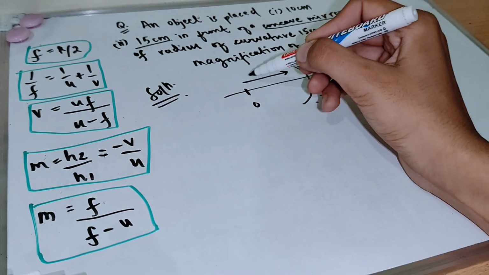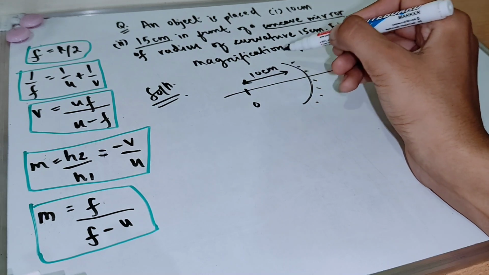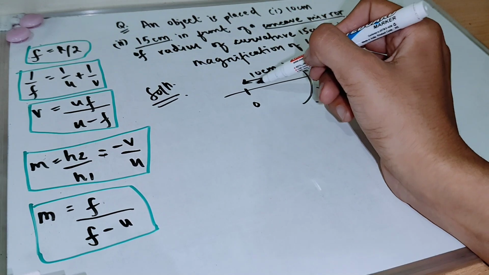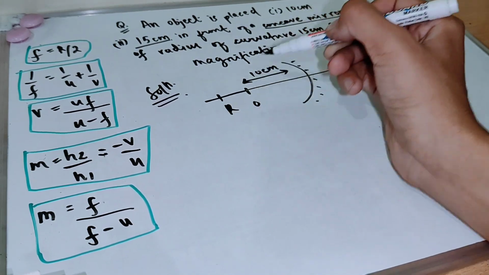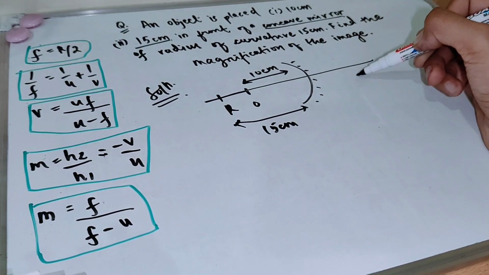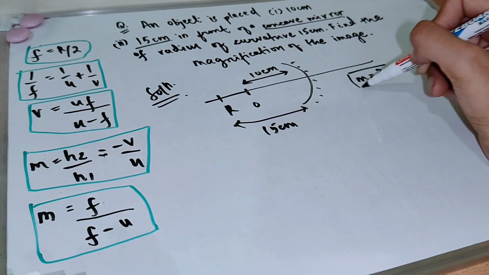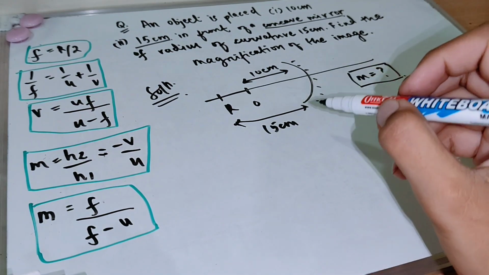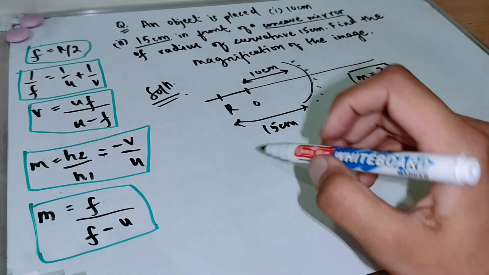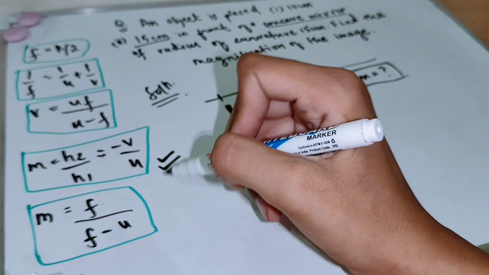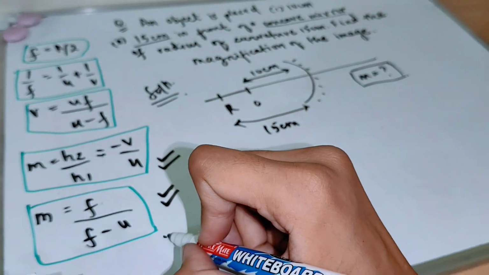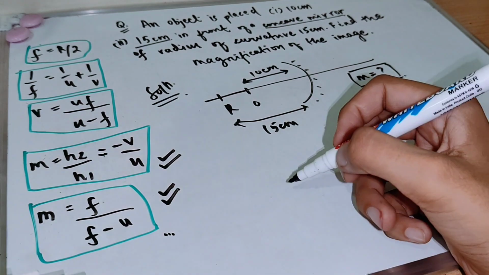So it is placed 10 centimeter from the mirror, and the radius of curvature of the mirror is 15, and I have to find out the magnification. Now the two formulas that I know for magnification are this and this. It would be better if I used this formula for this sum.